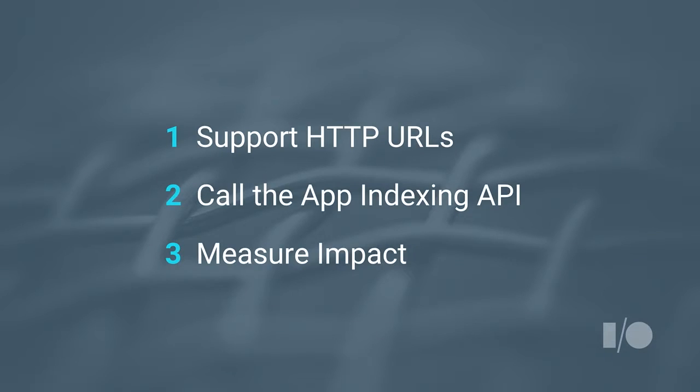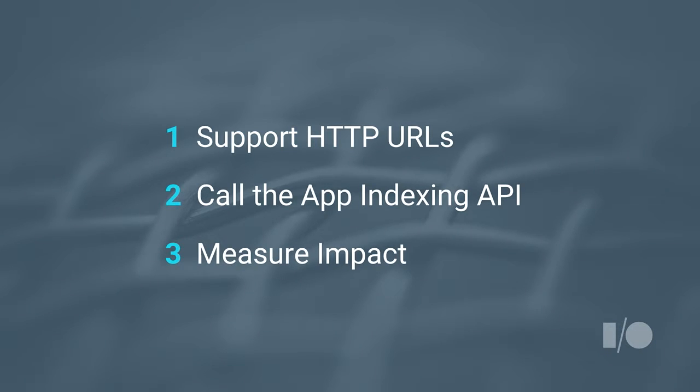Over the last year, it's actually gotten quite a bit easier to index apps, so that's something we're really excited about. And you'll see that in a moment when I step through. There are 3 basic rules that you want to follow if you want to get this engagement and growth for your app. First, your app needs to support URLs so that you can actually link right into the right place.